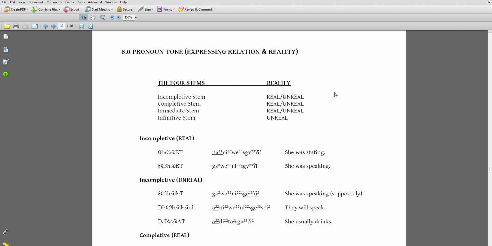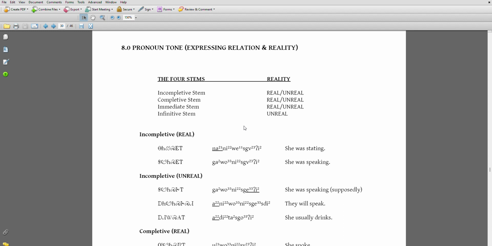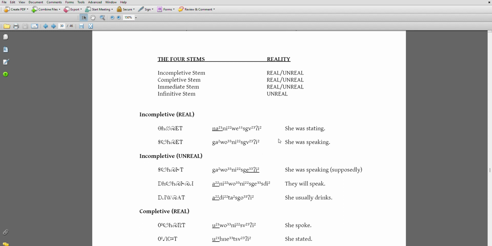In the incompletive stem, here are 2 real forms of verbs. Naniwe ska'i, she was stating. Gawani ska'i, she was speaking. And then here's examples of unreal. Gawani ska'i, she was speaking supposedly.